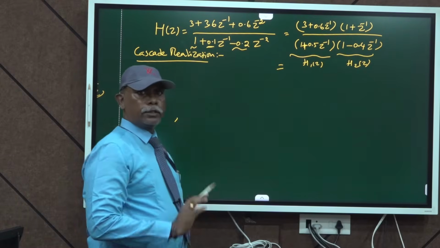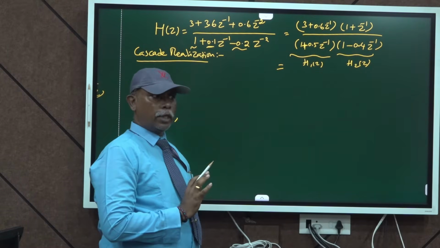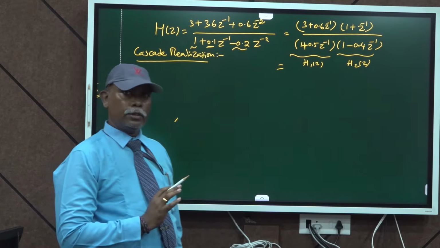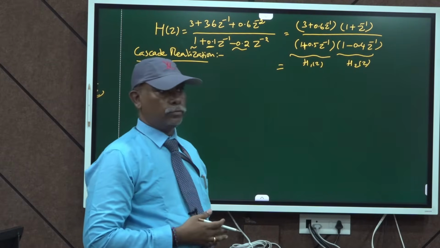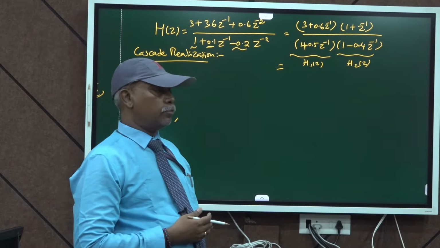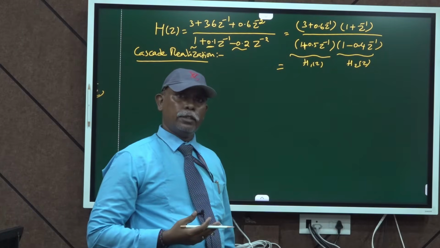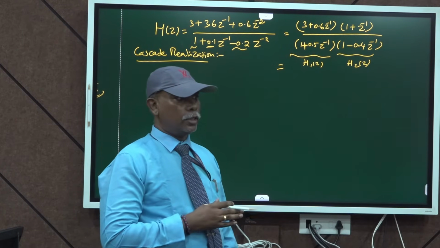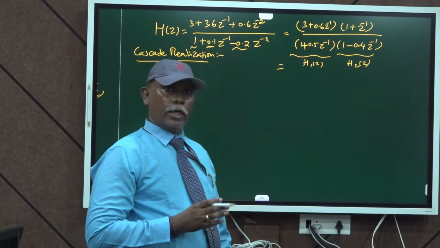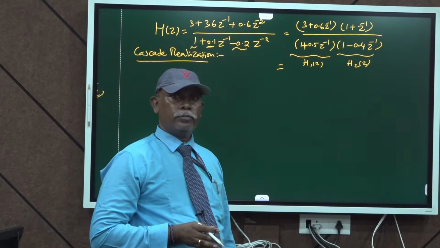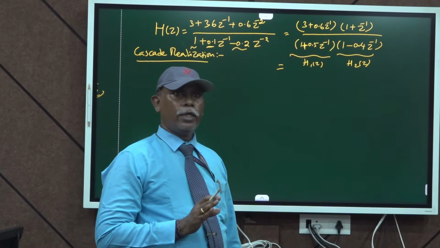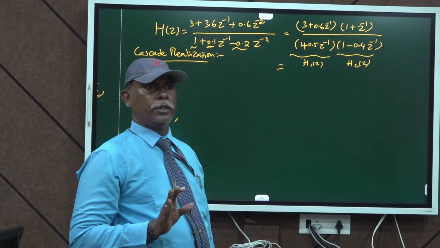Now dear students, you understand that the cascade representation is also direct form 2 representation only. Cascade means it is nothing other than direct form 2, the best representation. So for the cascade form as well as the parallel form, we are doing only direct form 2 representation.